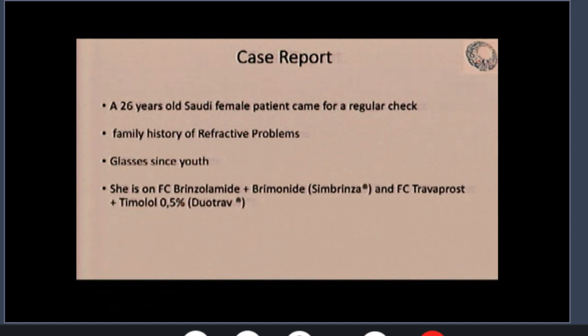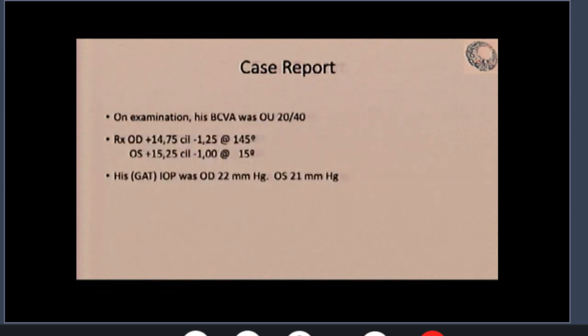She is on a fixed combination of brinzolamide plus brimonidine, Simbrinza, commercially named, and a fixed combination of travoprost and timolol. This is the examination: best corrected visual acuity 20/40, refraction, and Goldmann applanation tonometry.